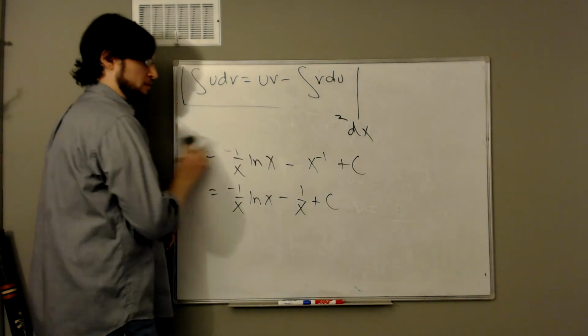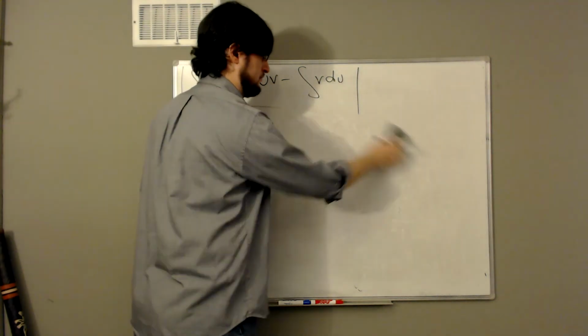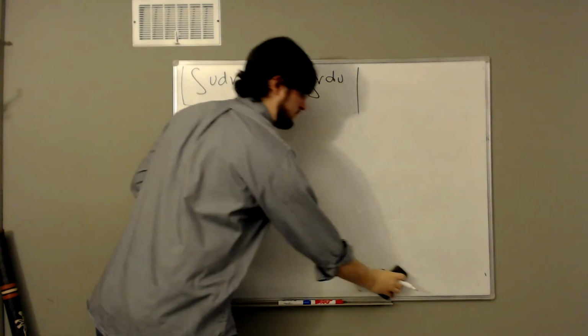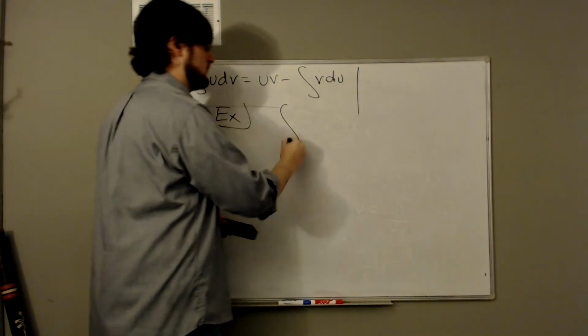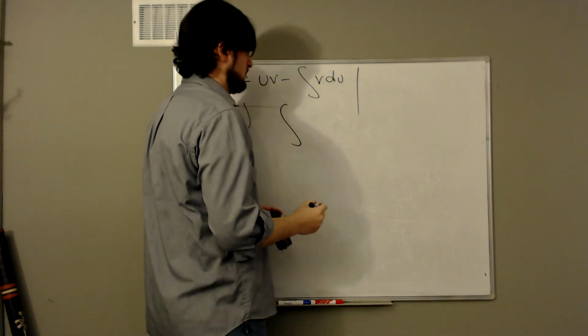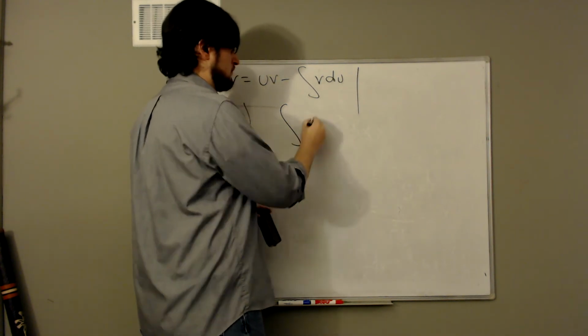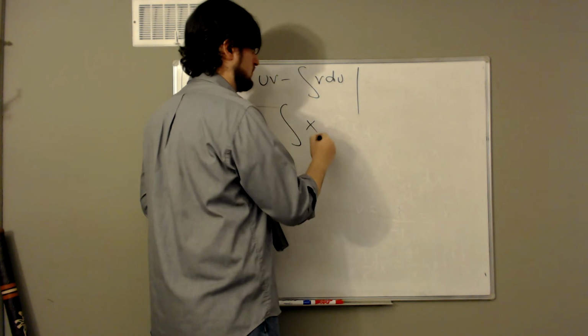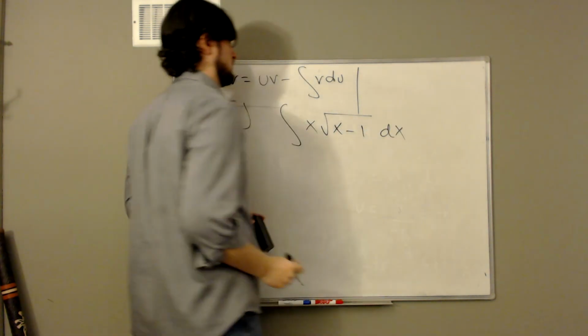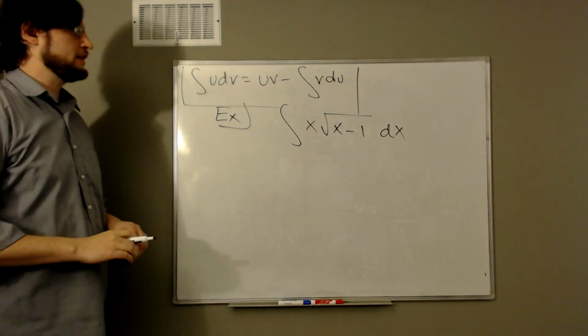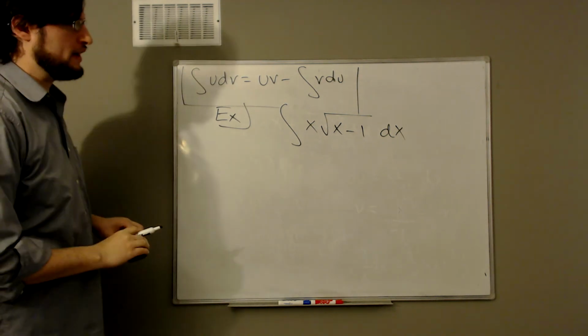And let's look at another one. Antiderivative of x square root of x minus 1.